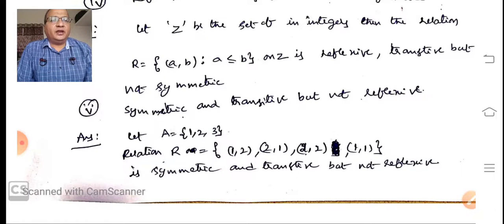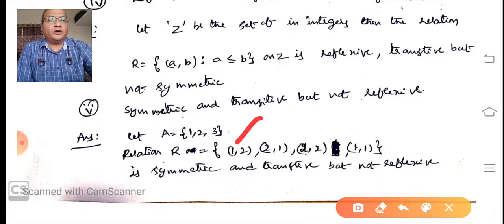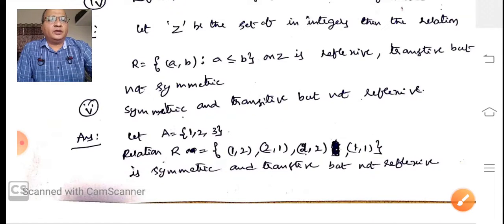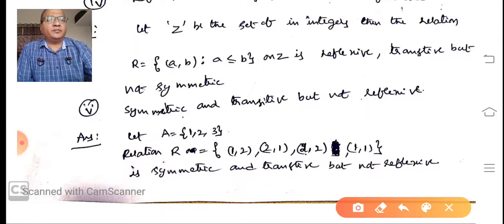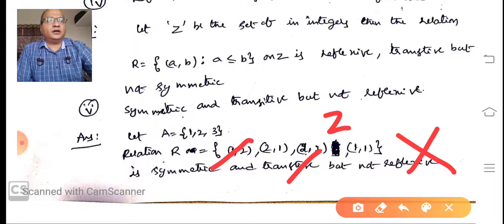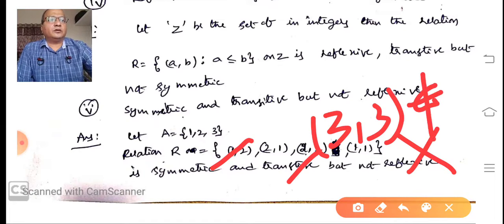It is even transitive: take any elements like (1,2), (2,1), you will get (1,1). We can take any elements of such type (a,b), (b,c), then (a,c) belongs to R. Hence it is symmetric, transitive but not reflexive, because (3,3) does not belong to R.